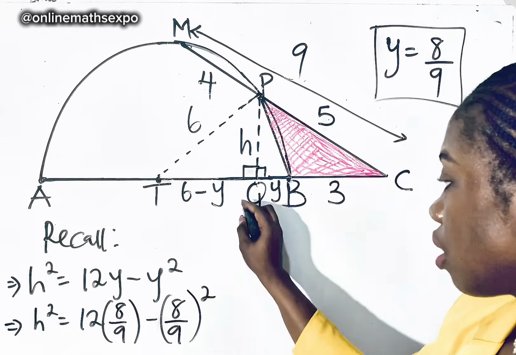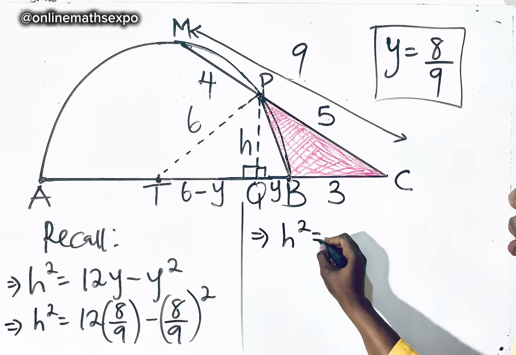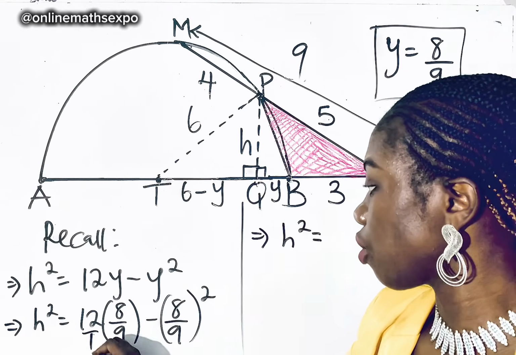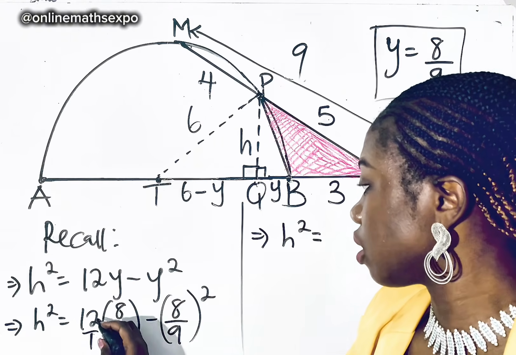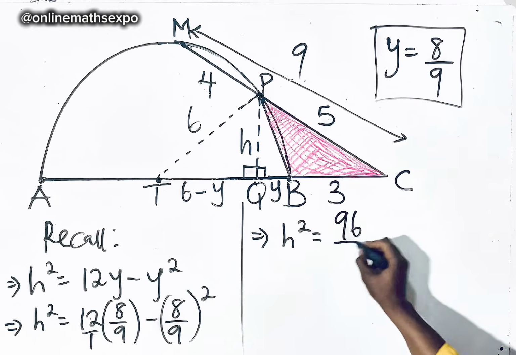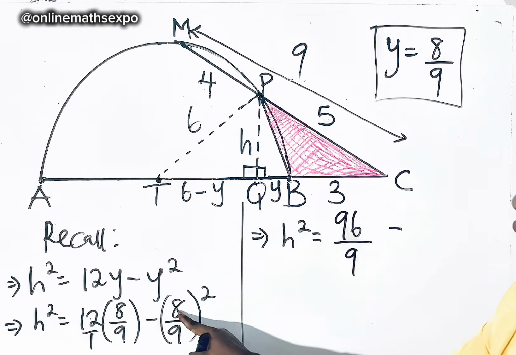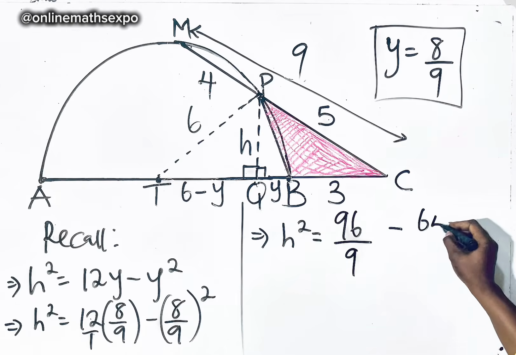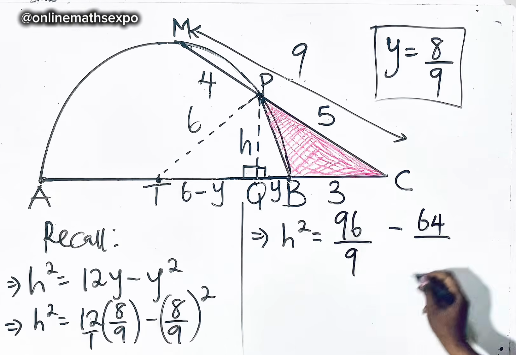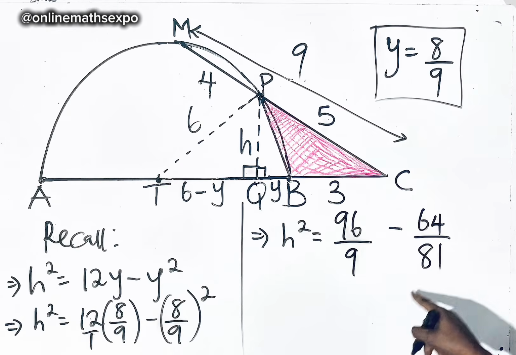Keep solving. We have h squared is equal to 12 on 1. To multiply this, 12 times 8 gives us 96, divided by 1 times 9 is 9, minus 8 squared, which gives us 64, and 9 squared gives us 81. To subtract, let's make them have the same denominator.